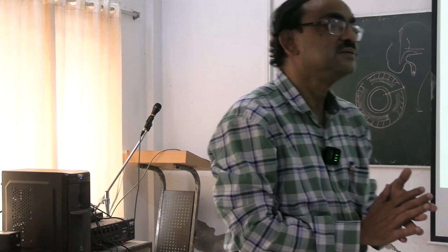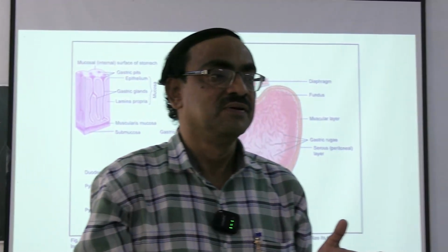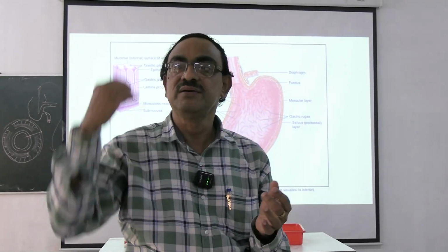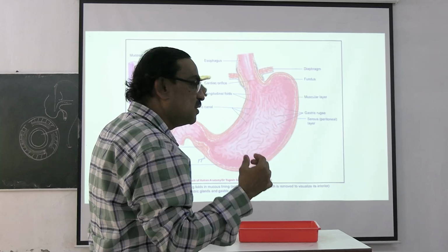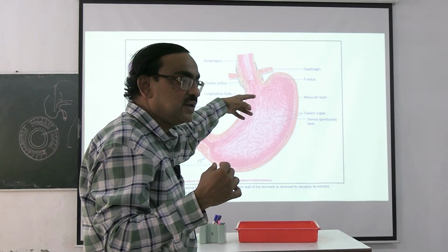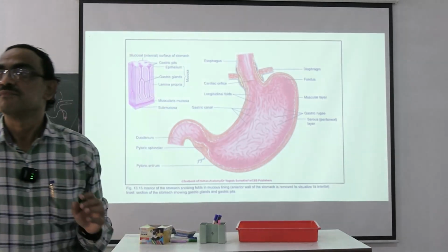That gastric canal is very important for what? Actually, the fluids, the water we are drinking, pass only through this. When we are drinking water or any fluid, it passes through the gastric canal.